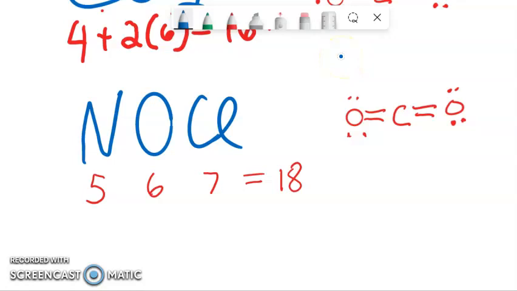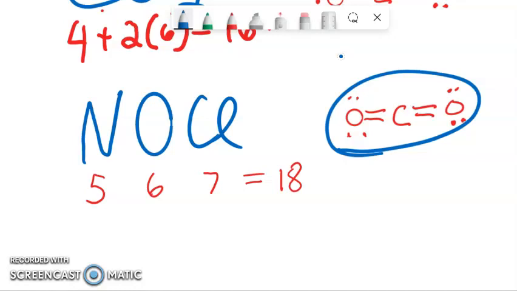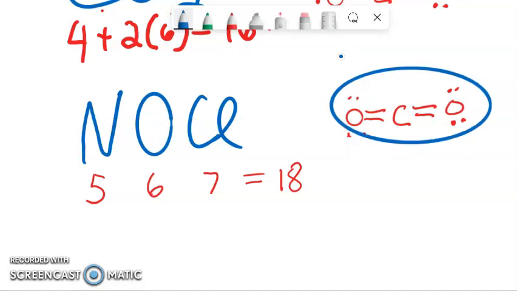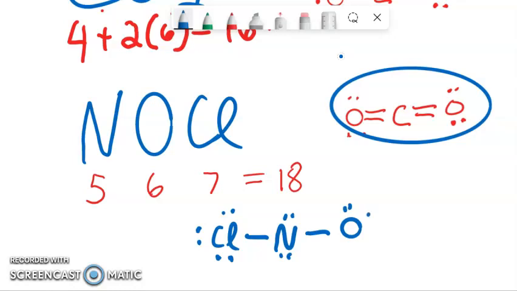Okay, well, remember how with carbon dioxide we had 16 valence electrons and we needed 2 double bonds between the 3 atoms? Well, with this one, we're going to need to have only 1 double bond. Let's see how that works.